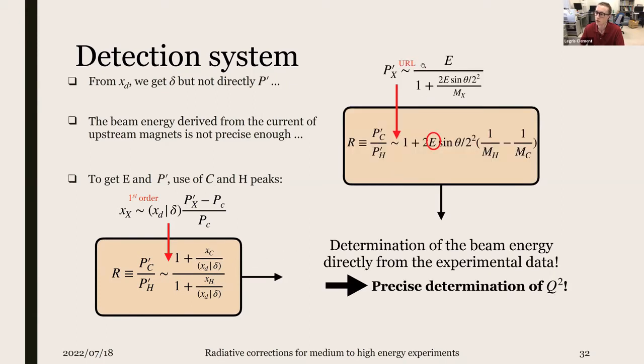But we can also express this ratio as a function of the beam energy and the scattering angle. So in the ULQ2 experiment, we will be determining the beam energy directly from the experimental data, and this will allow us a precise determination of the Q square.